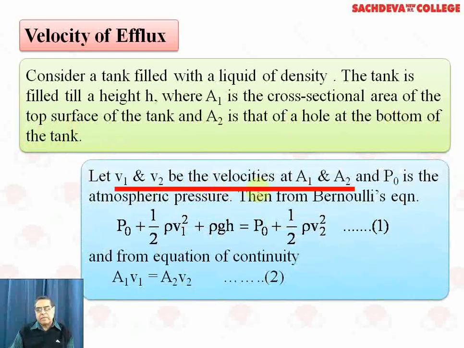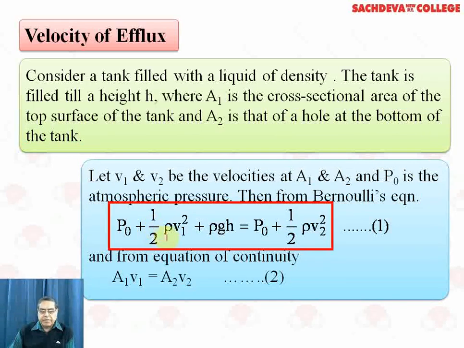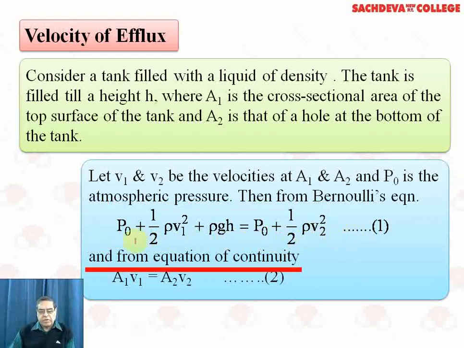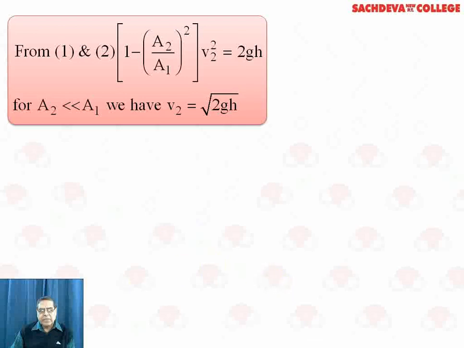V1 and V2 are the velocities at A1 and A2. P0 is atmospheric pressure. Then from Bernoulli's equation, P0 + ½ρV1² + ρgh = P0 + ½ρV2². And from the equation of continuity, A1V1 = A2V2. That is the second equation.